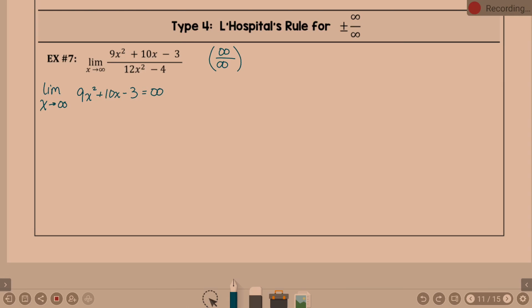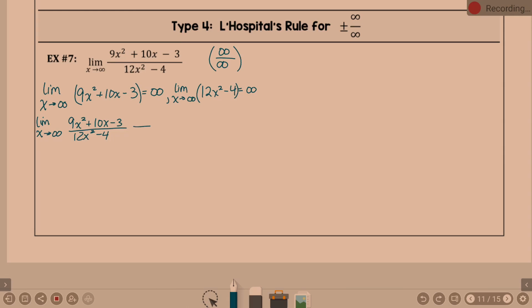And the limit as x approaches infinity of 12x squared minus 4 is infinity. So that's showing we got infinity over infinity. Now the limit as x approaches infinity of 9x squared plus 10x minus 3 over 12x squared minus 4. This is me just rewriting the original problem.